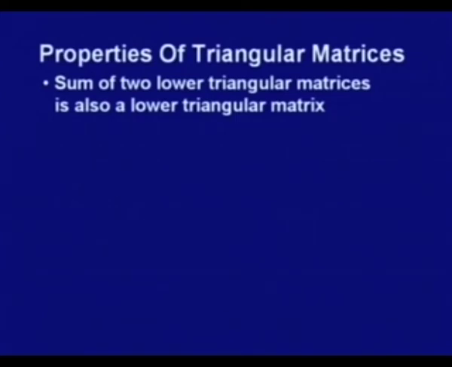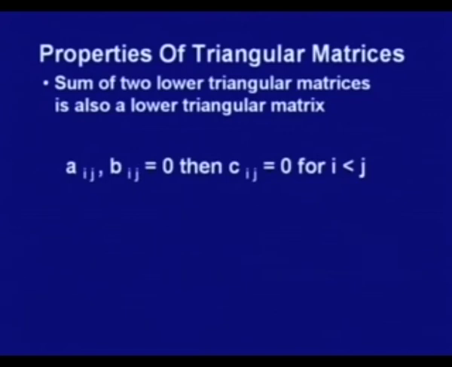I can prove this by the simple fact that Aij and Bij are 0 if they are on the lower side, that means i is less than j. Since Aij and Bij are 0 for a lower triangular matrix whenever i is less than j, so will be Cij, and that proves that the sum matrix will also be a lower triangular matrix.